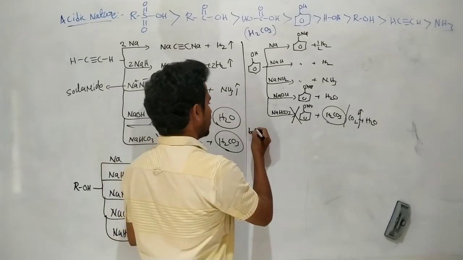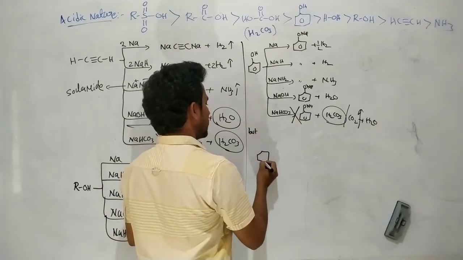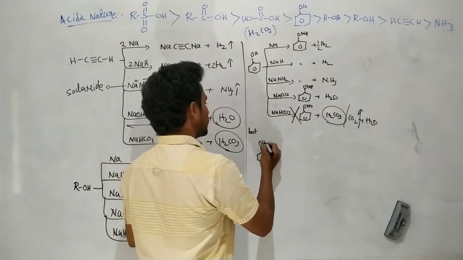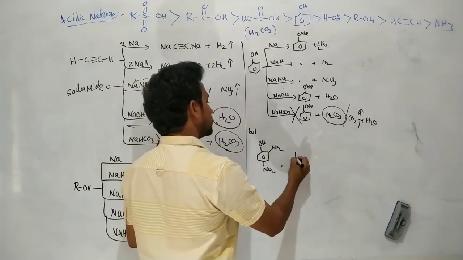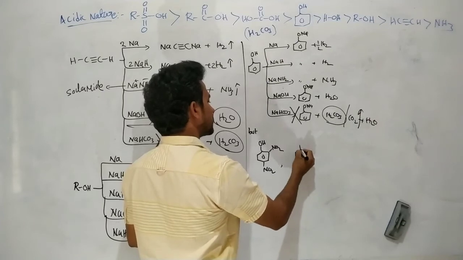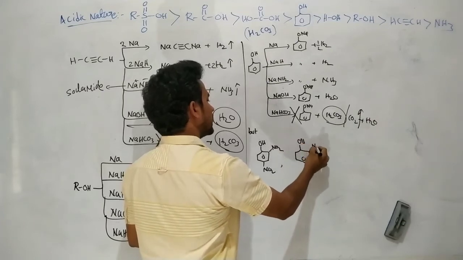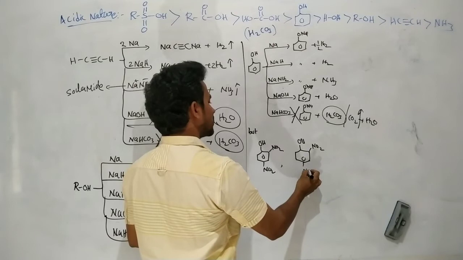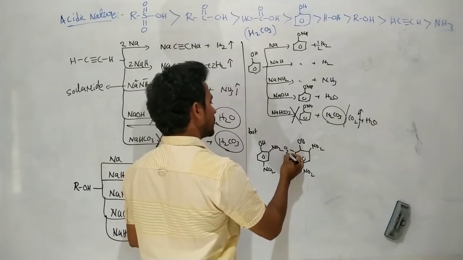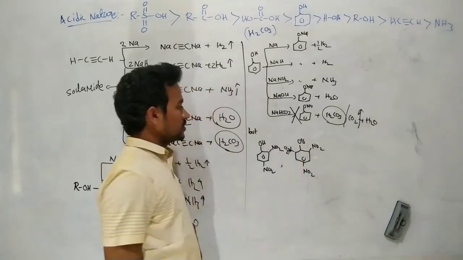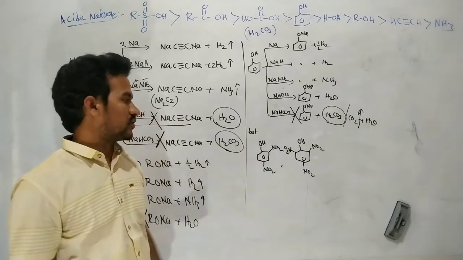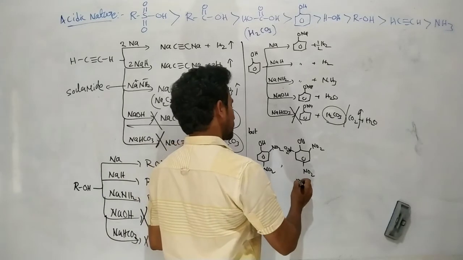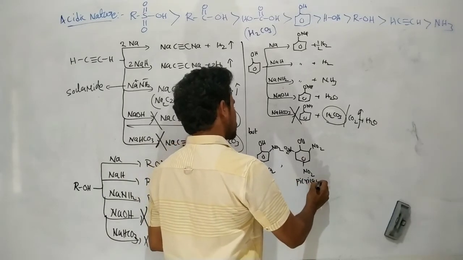But an important point is the presence of electron withdrawing groups. Two NO2 groups are present on one compound, and three NO2 groups on the other: 2,4-dinitrophenol and 2,4,6-trinitrophenol, whose common name is picric acid.